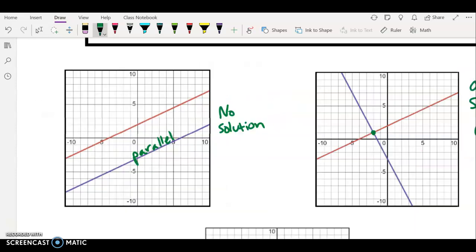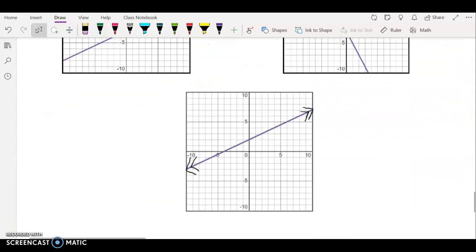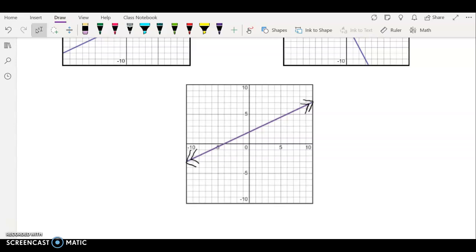Okay. Now, what about if it's the same line on top of another line? That's interesting. These are called coinciding lines, and they share all the same points. We have two lines there, but they have every single point in common, which you could probably guess where I'm heading with this. That means that this system of equations has infinite solutions because every point on one line is also on the other.